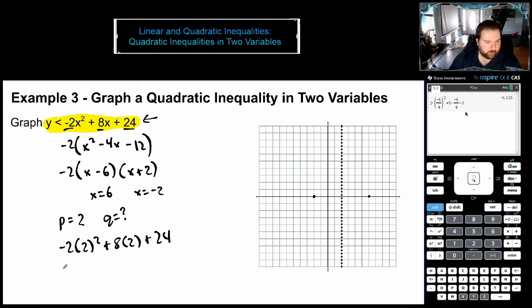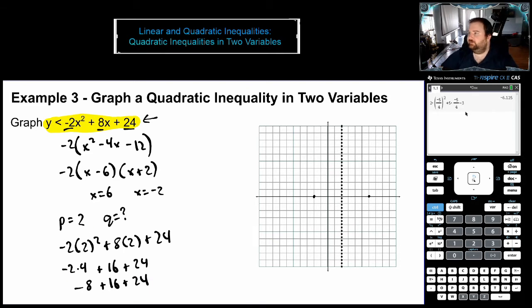So this is negative 2 times 4 plus 16 plus 24. Negative 8 plus 16 plus 24. Let's just use the calculator, make it fast. Negative 8 plus 16 plus 24 is 32, which is off the charts.